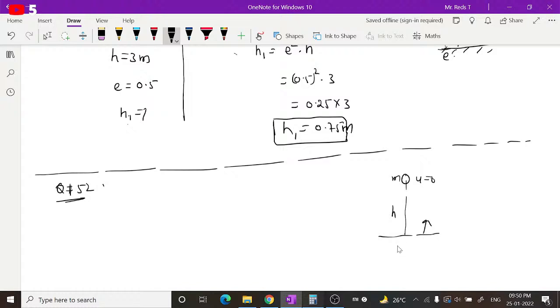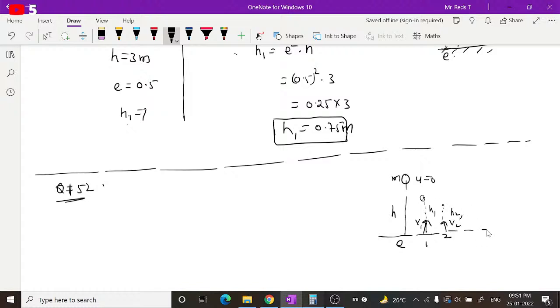If e is the coefficient of restitution, then find the total distance traveled by this before it comes to rest. After first impact, it will travel to a height of h1 and comes back again, traveling through the same height. It comes back and then undergoes a second collision. After this, again it moves up with velocity v1, then v2, like that. It will go to the next height h2.